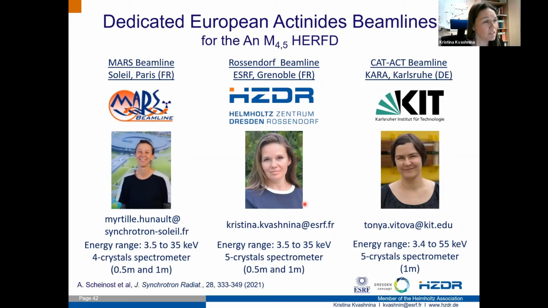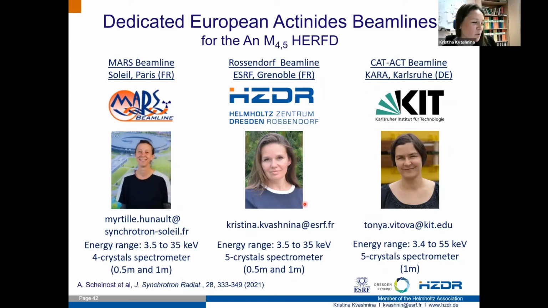First of all, the MARS beamline at Soleil in Paris, then the Rossendorf beamline at ESRF, where I am for the moment, and the CAT-ACT beamline in Karlsruhe. All three beamlines can go down to the tender X-ray range, so we can really reach the M edges. And the funny thing is that all three beamlines also have spectrometers.